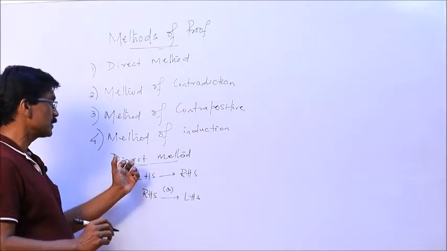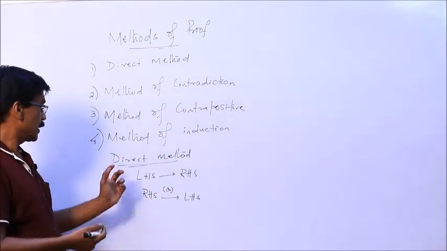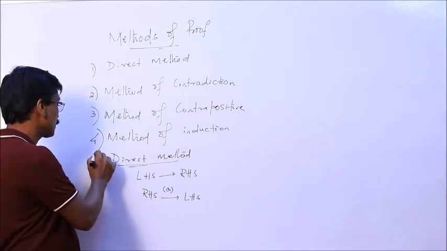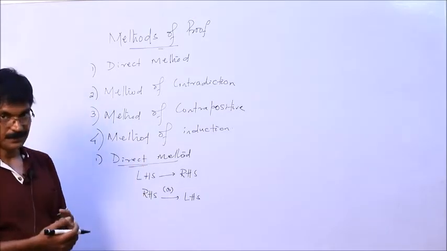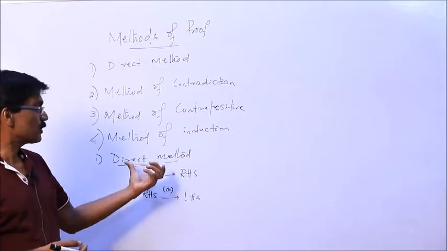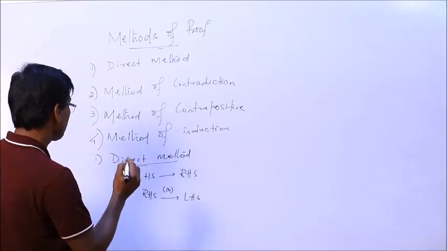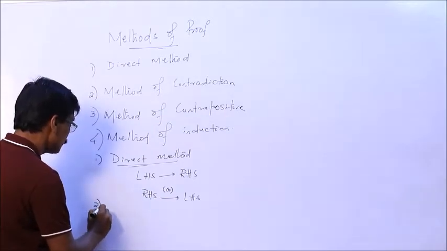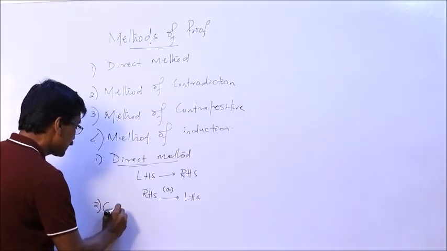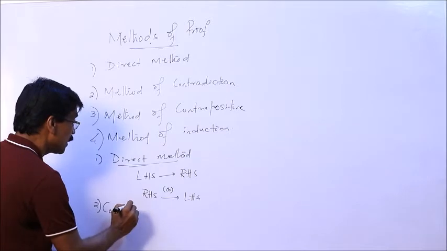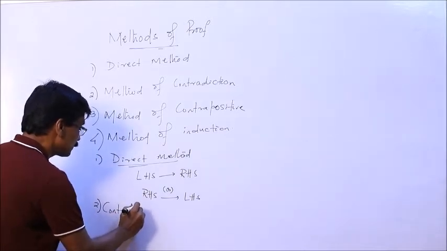So this method is called the direct method. Most of trigonometry or algebra we solve by the direct method. The second method is called the contradiction method.